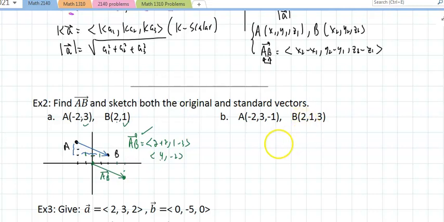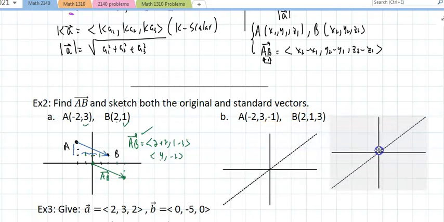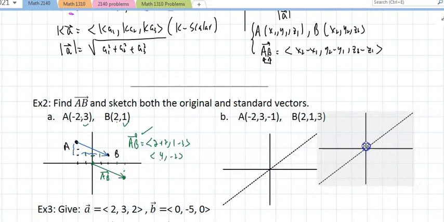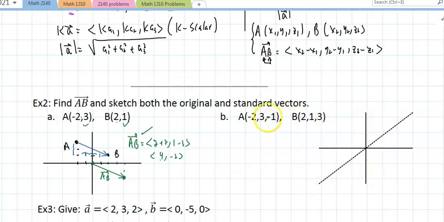Now, if I go for the 3D, again, a bit hard to see. Just a bit, though. So if I go for the point -2, -2, 3, 1, 2, 3, -1. That's point A. Point B is at 2, 1, and 3 up. Oops.